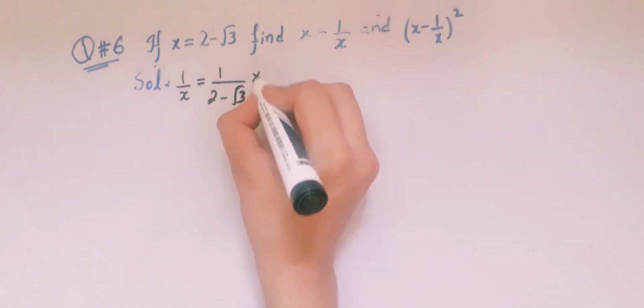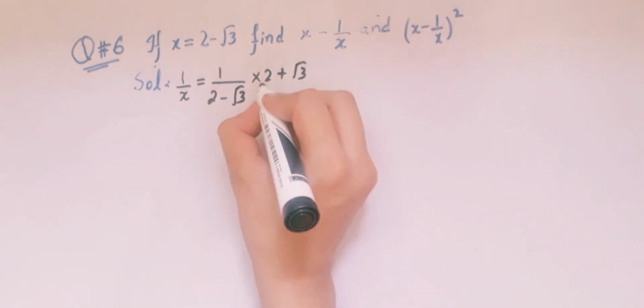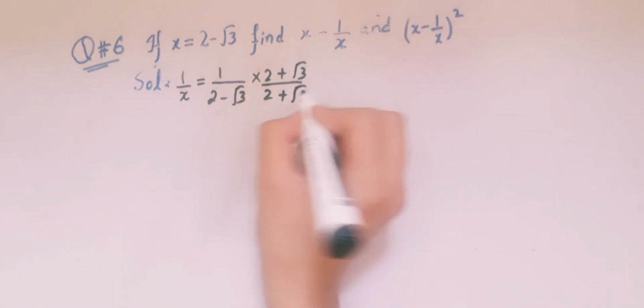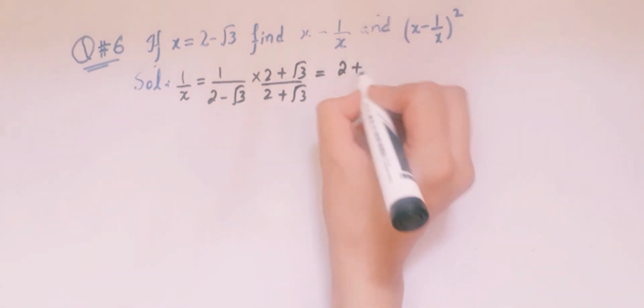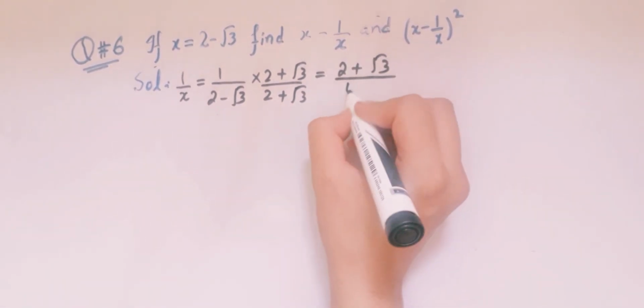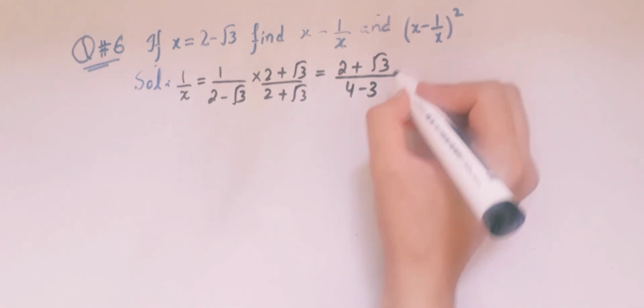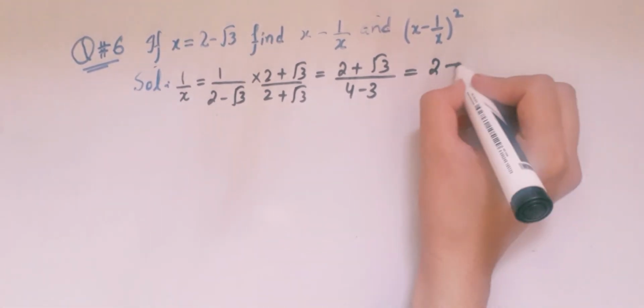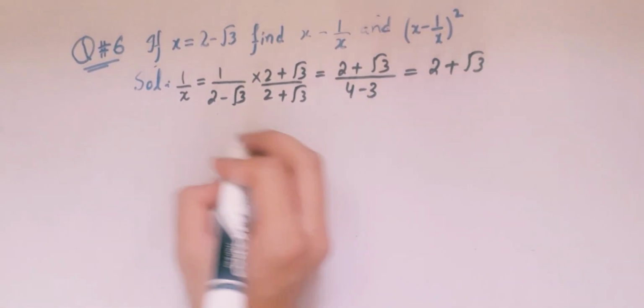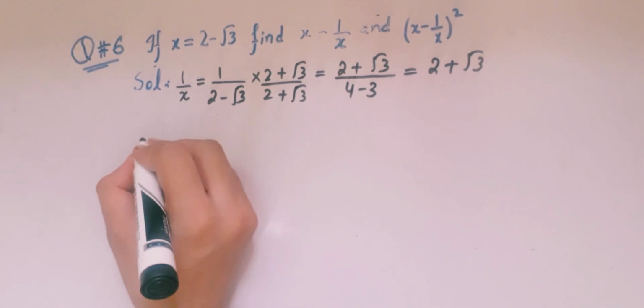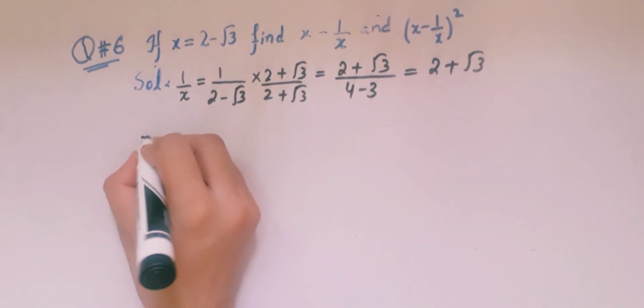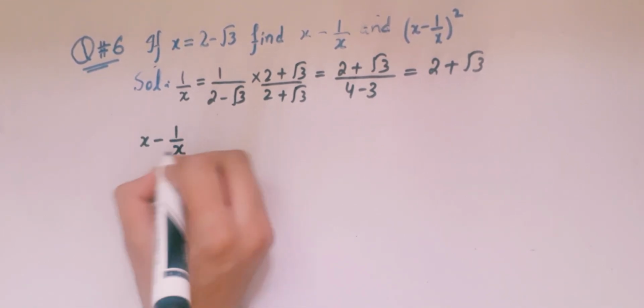Rationalize this. 2 plus square root of 3 by 2 plus square root of 3, which is equal to 2 plus square root of 3 over 4 minus 3, which is equal to 1. So we have 2 plus square root of 3. Then we have x minus 1 over x.